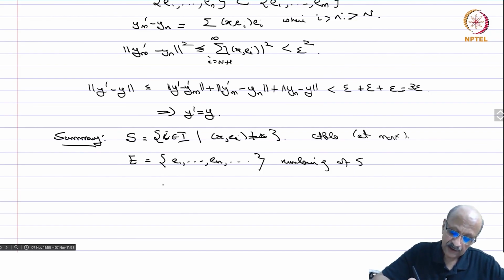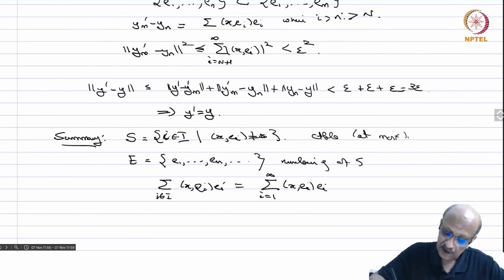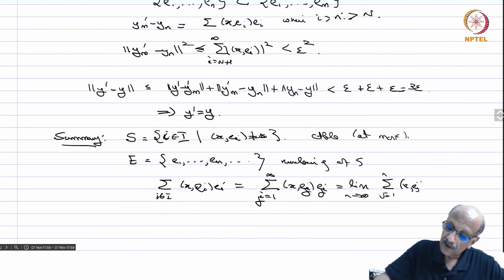Okay, and then you define sigma i in I of x ei as sigma j equals 1 to infinity x ej, where this is from E, and this is equal to the limit as n tends to infinity of sigma j equals 1 to n x ej.